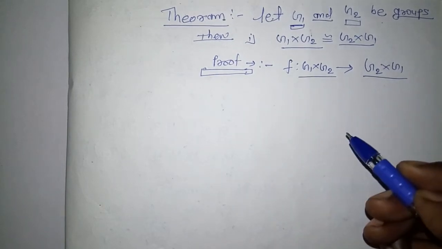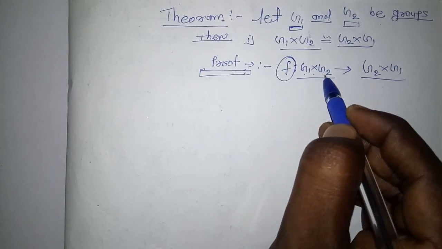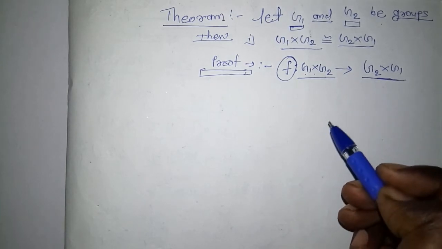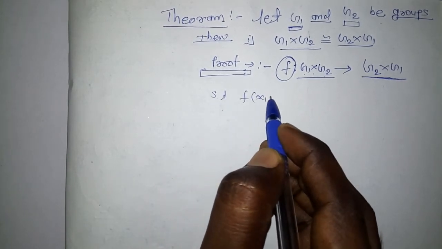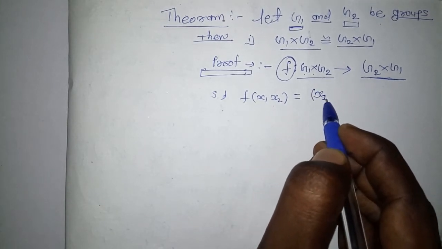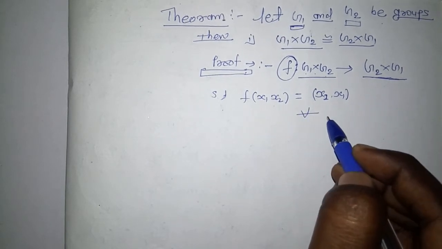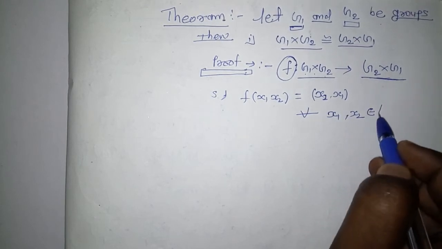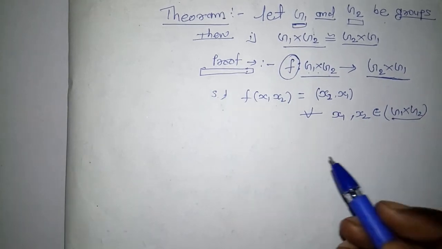Okay students, let a mapping f be from G1 multiply by G2 to G2 multiply by G1, such that f(x1, x2) is equal to (x2, x1) for all (x1, x2) belonging to G1 multiply by G2.